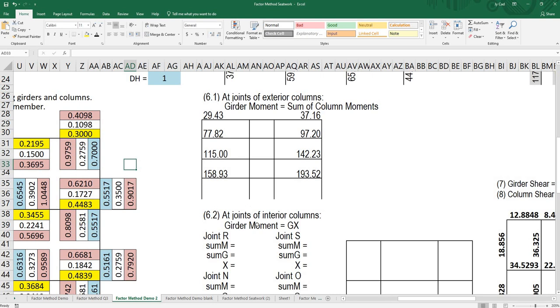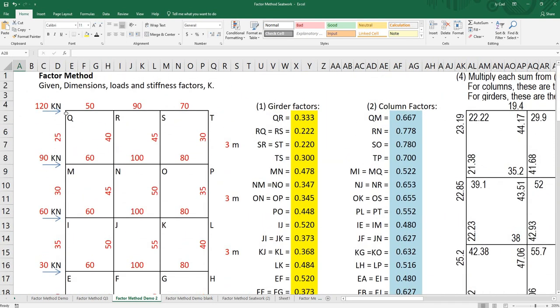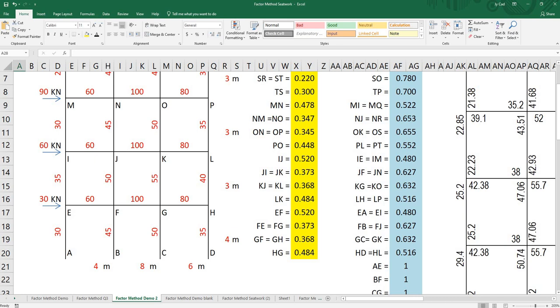Ang i-consider natin ngayon would be joints R and S. Now, let's look nasan yung R and S. Remember that this node is Q, then R, S, T. This is Q, node R, node S, node T. Ang sasolvin natin yung girder moments sa RS and OJ, K, F, G with reference to these nodes.